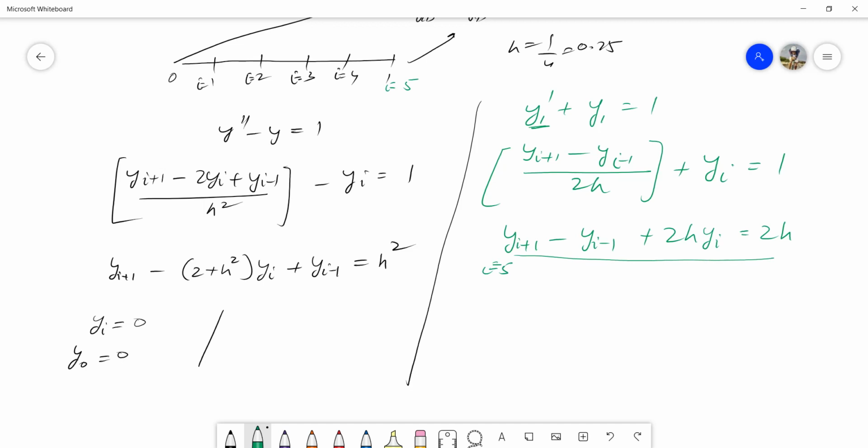So put i equal to 5 over here. So we have y, not y5 or y6.